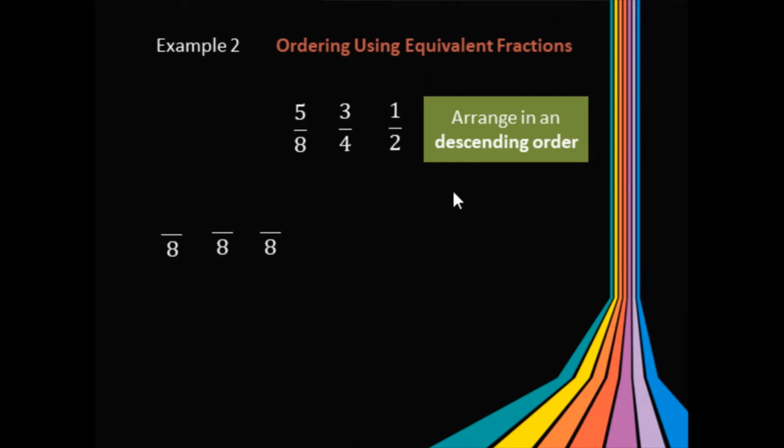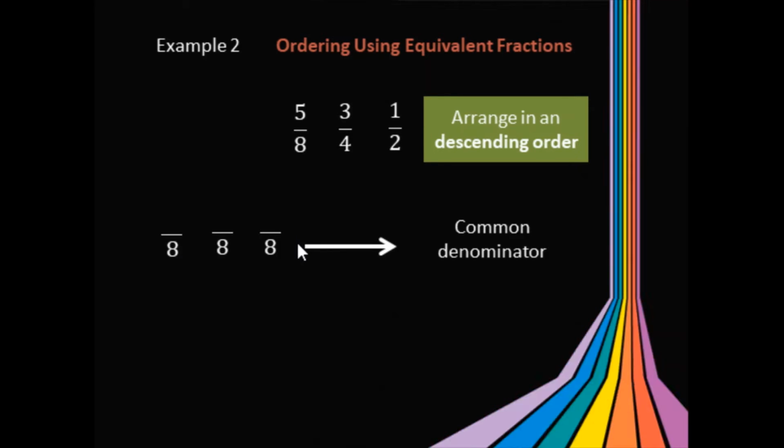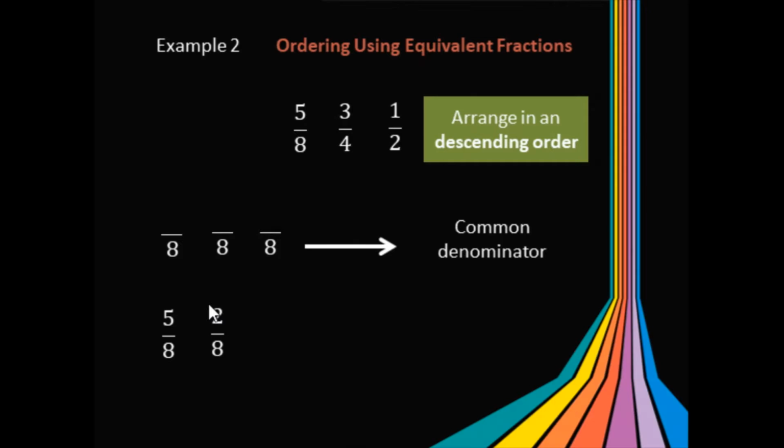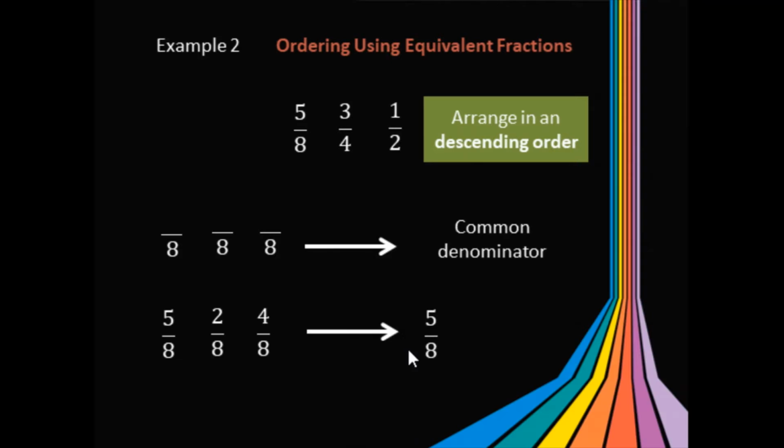We find the common denominator, which is 8. 8 divided by 8 is 1 times 5 is 5, so we get 5/8. 8 divided by 4 is 2 times 3 is 6, so we get 6/8. 8 divided by 2 is 4 times 1 is 4. Arranged in a descending order, that is 5/8, 4/8, and 2/8.